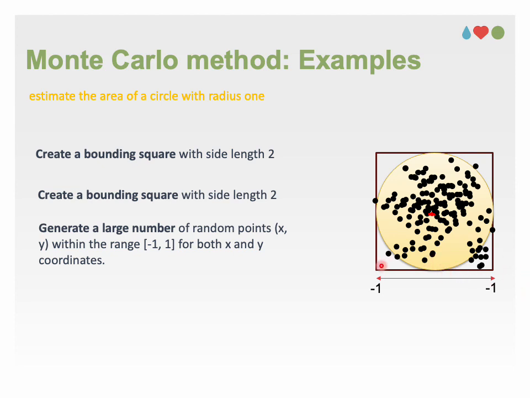We have here two axes, x and y, within the range -1 and 1. The black circle markers here show how these random pairs are distributed within the area of the bounding square.